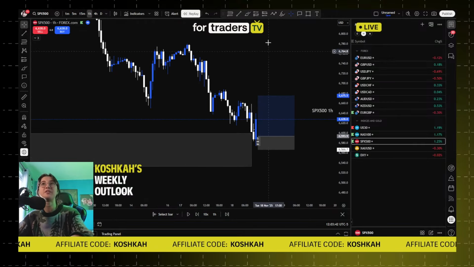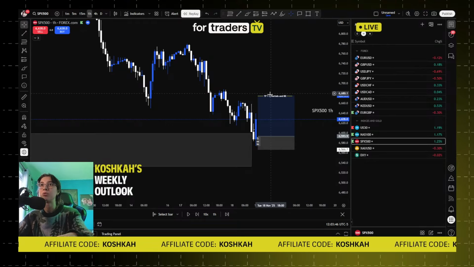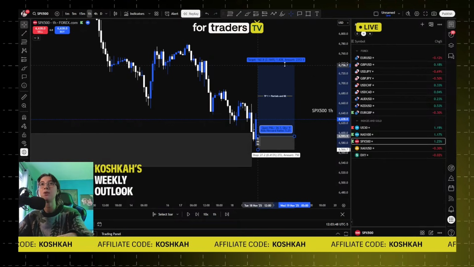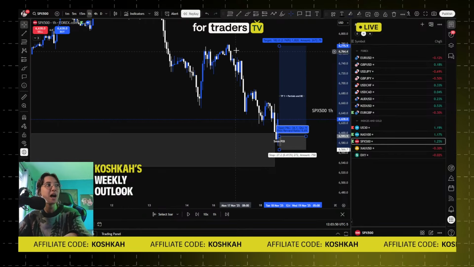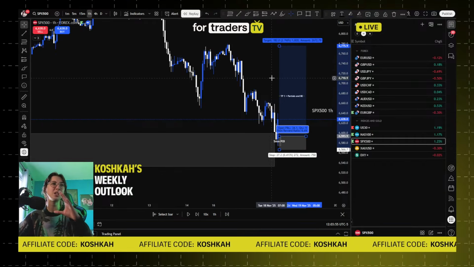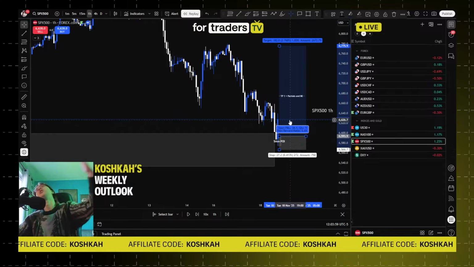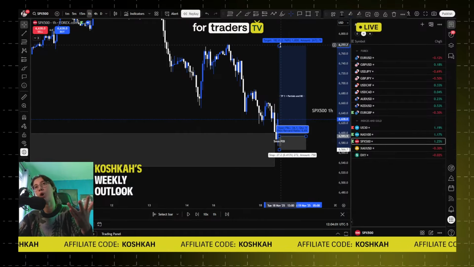And your take profit final, so let me just write this as take profit 1. Your take profit final will be at the hourly high. Now the hourly high actually is here, but it's really, really far away. So you don't want to hold the trade that far. You want to secure your profits, right?